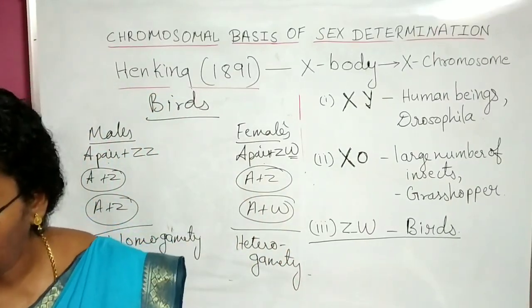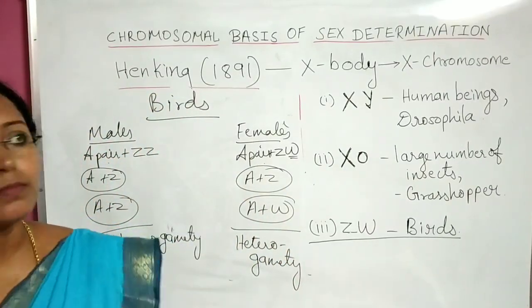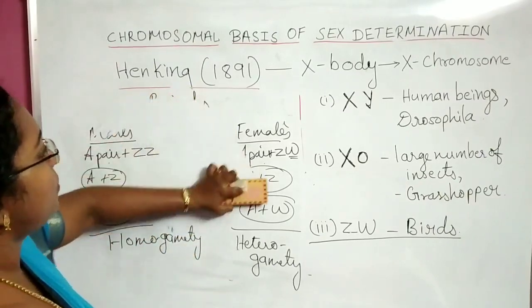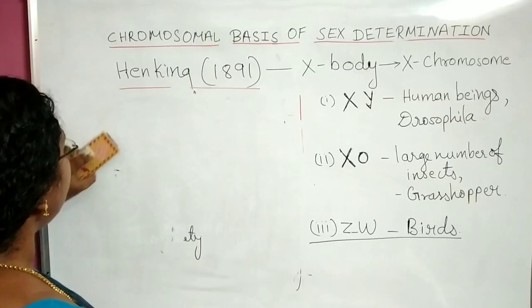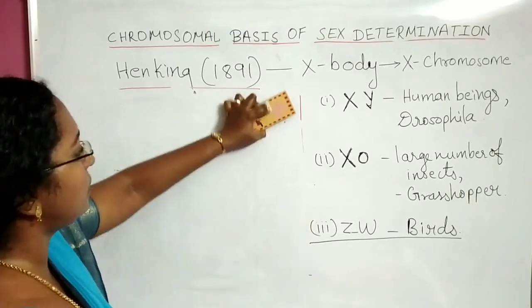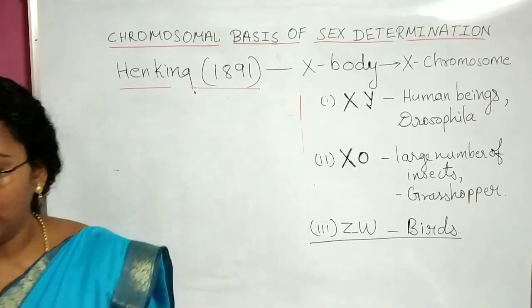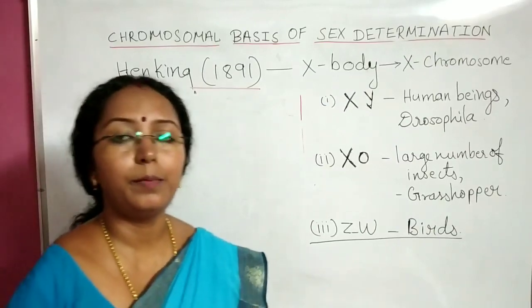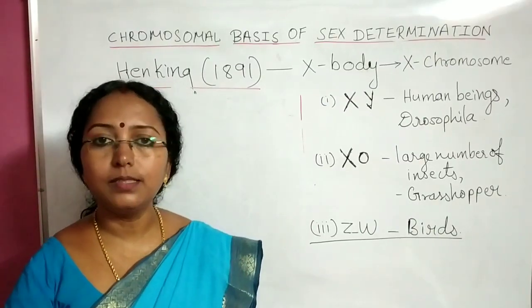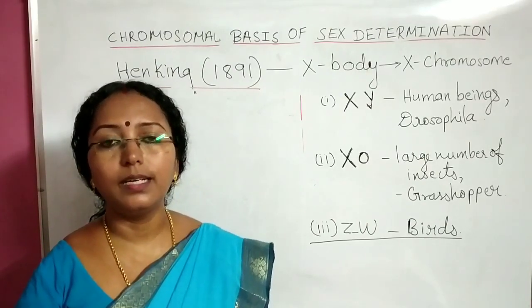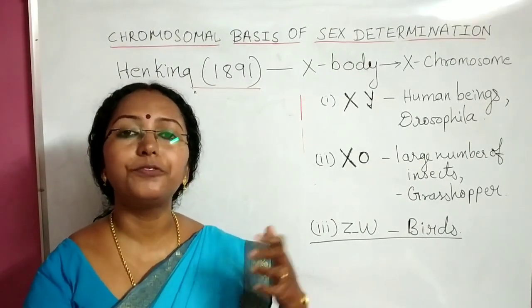Now, one important thing to be dealt with in the case of human beings, and such kind of questions are often asked for examinations. In some places, mothers are cursed for giving birth to a female child.